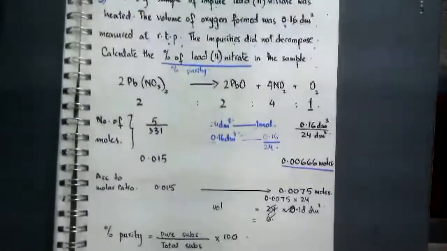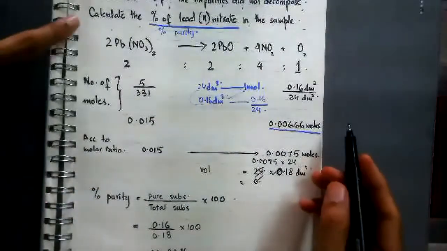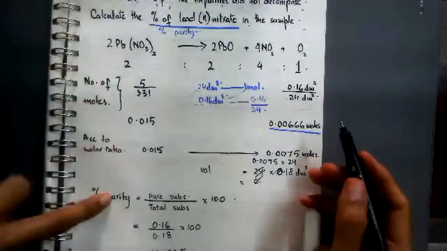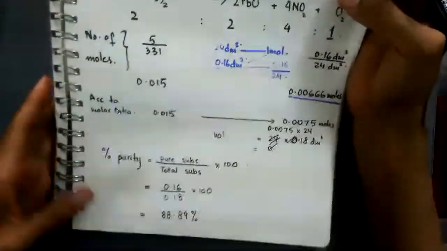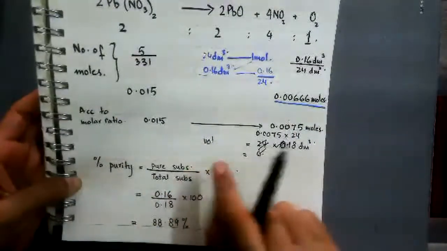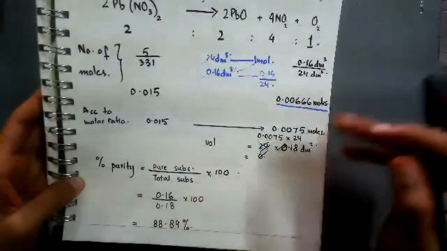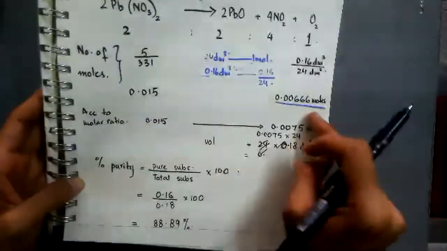You don't have to calculate the number of moles. You can directly use volume, because volume ratio is the same as molar ratio. As I told you, you don't have to calculate the number of moles, but I forgot that and did this.